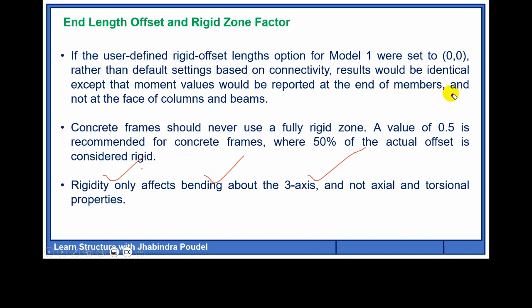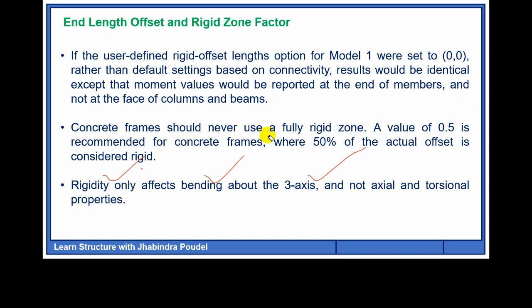If the in-length offset were kept at 0, or some distance according to the sections, the moment value would be identical but reported from the offset of the members, and not at the face of the columns and beams.